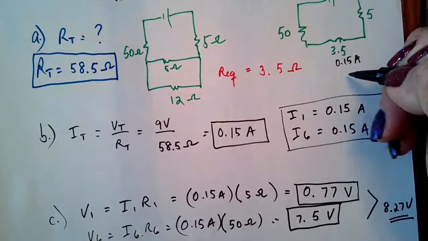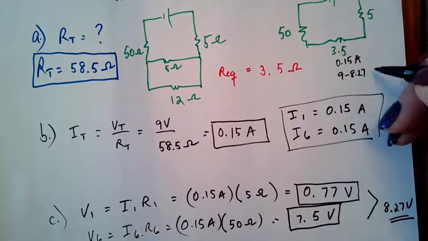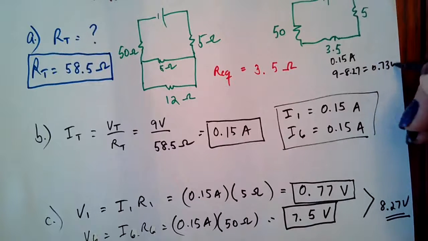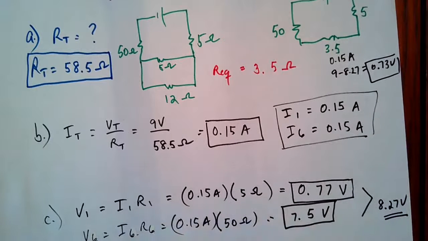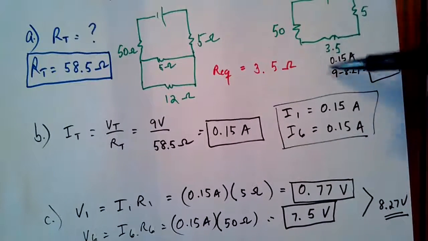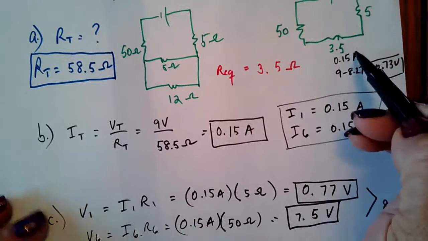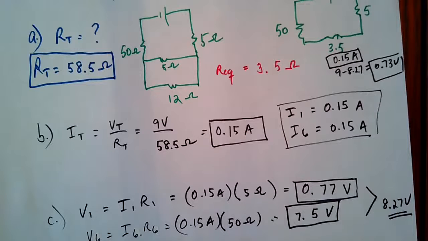So this will be 9 volts take away 8.27 volts, and it's going to get 0.73 volts each. So now we know the voltage that's going to go through all of them for this whole thing. So we know the current that's running through it, and we know the total voltage that's running through it.